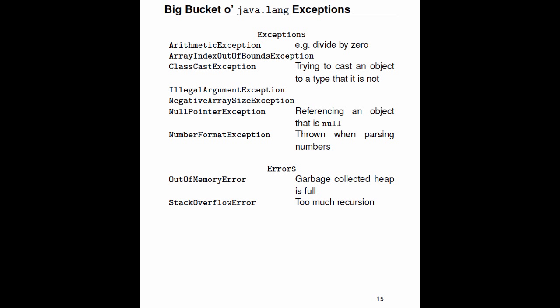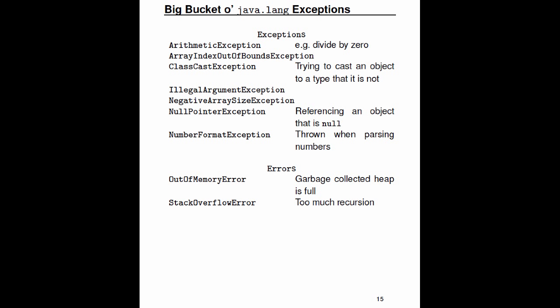There are a whole bunch of exceptions defined in the java.lang package. Things like ArithmeticException, which you get when you divide by 0. Things like ArrayIndexOutOfBoundsException, which is what you get when you try to index beyond the end of an array or give it a negative value. ClassCastException, we've seen this one before, right? Where you try to cast an object to a type that it's not.